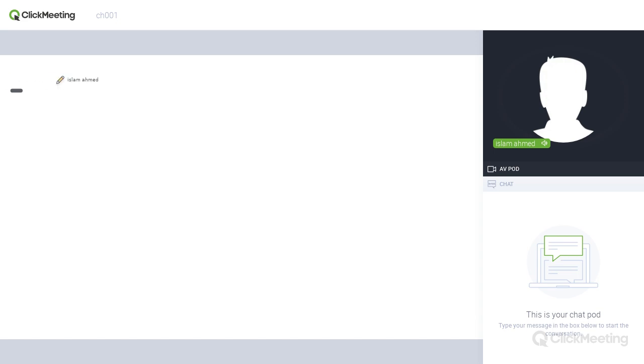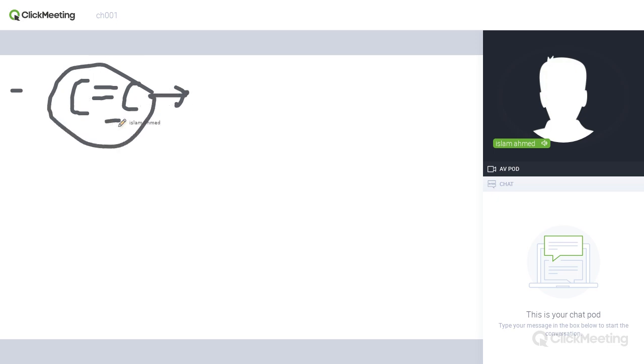So what is the structure of the alkane? Alkanes are saturated hydrocarbons. By the way, the presence of a double bond or triple bond gives reactivity and also instability. If we have a molecule that is double bonded or triple bonded, that means it is unstable and reactive.